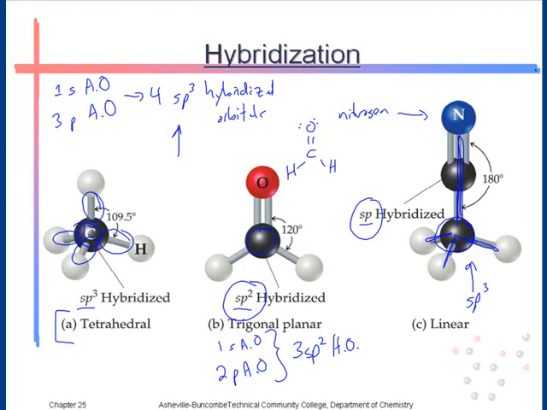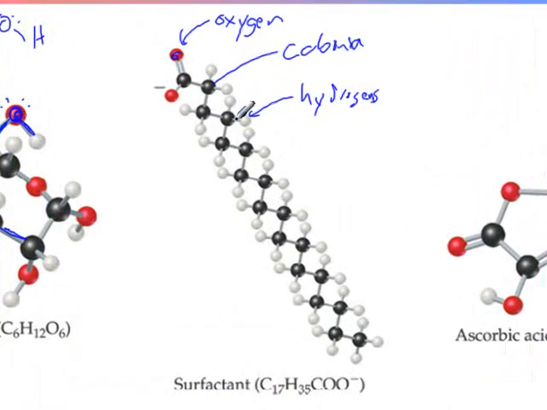But now I want to expand that a little bit and have you appreciate that even though we have a more complicated molecule, at each carbon atom that we look at, we can treat it as one central atom, and we can see there's 1, 2, 3 bonds here, just like we had over here for the glucose molecule, and so I can say that's an sp3 hybridized carbon, and every one of these carbons is sp3.